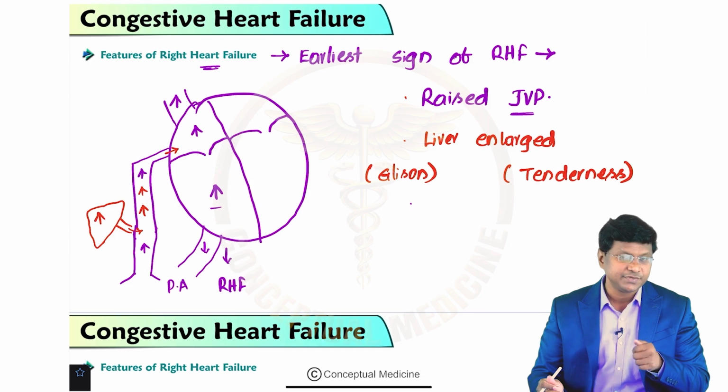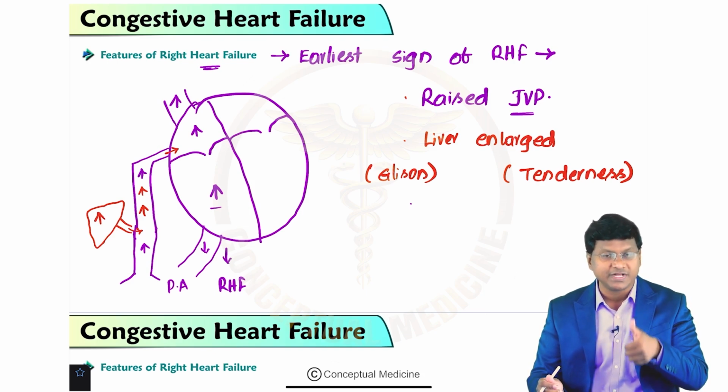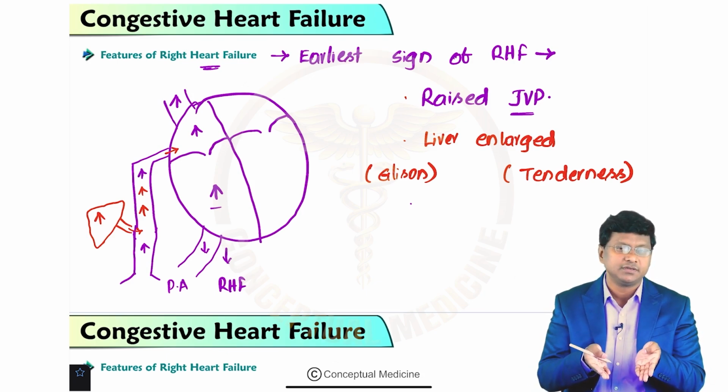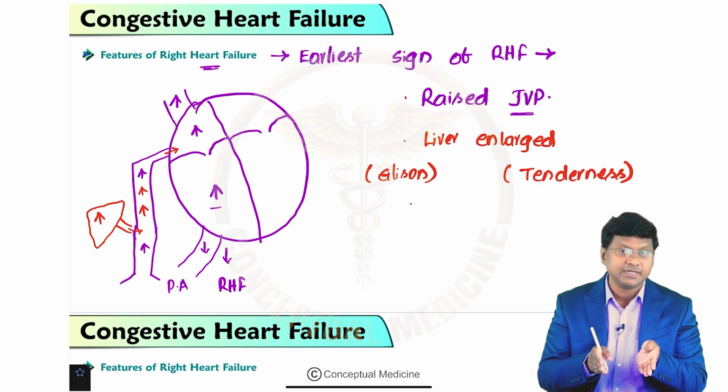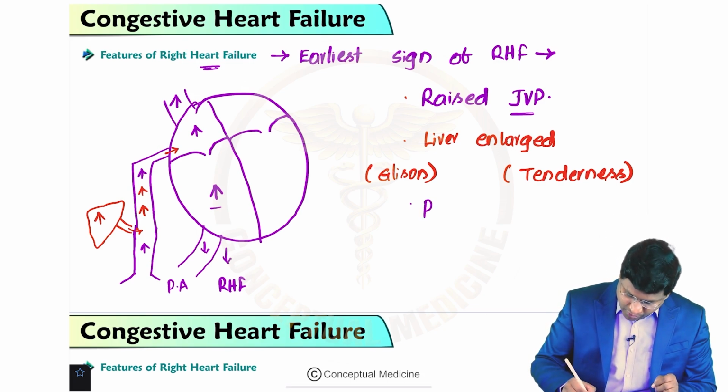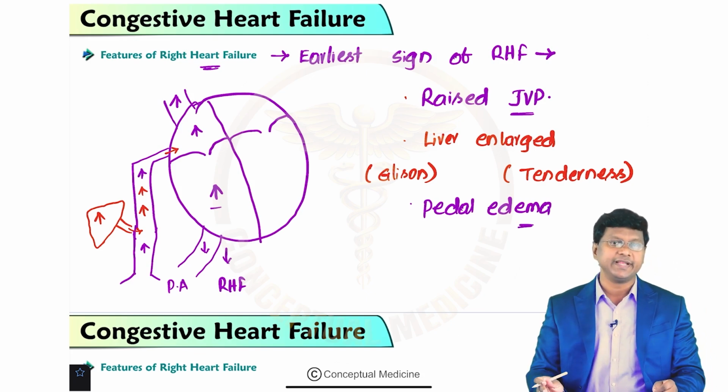The hydrostatic pressure within the lower limb veins increases. So once it increases, the fluid from the lower limb veins will move out of the veins and get accumulated outside the veins, and that will result in what is called pedal edema.